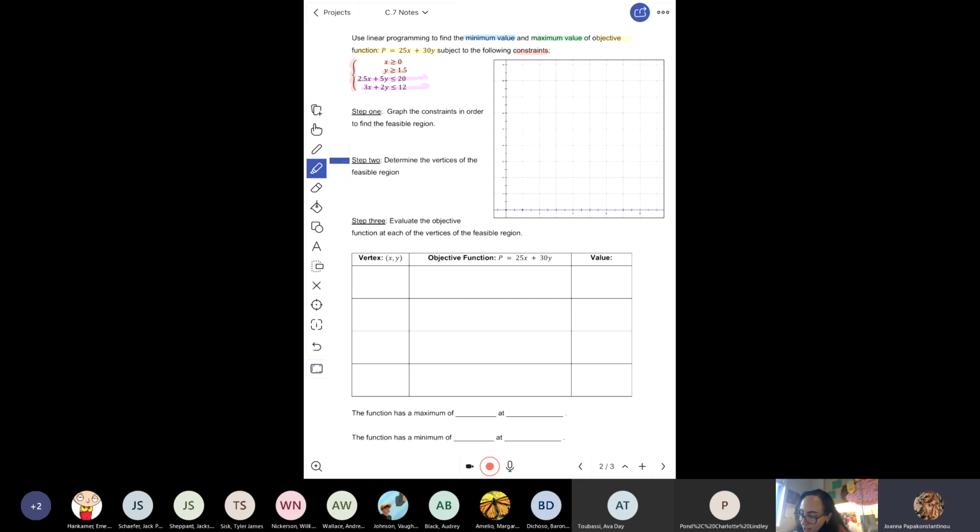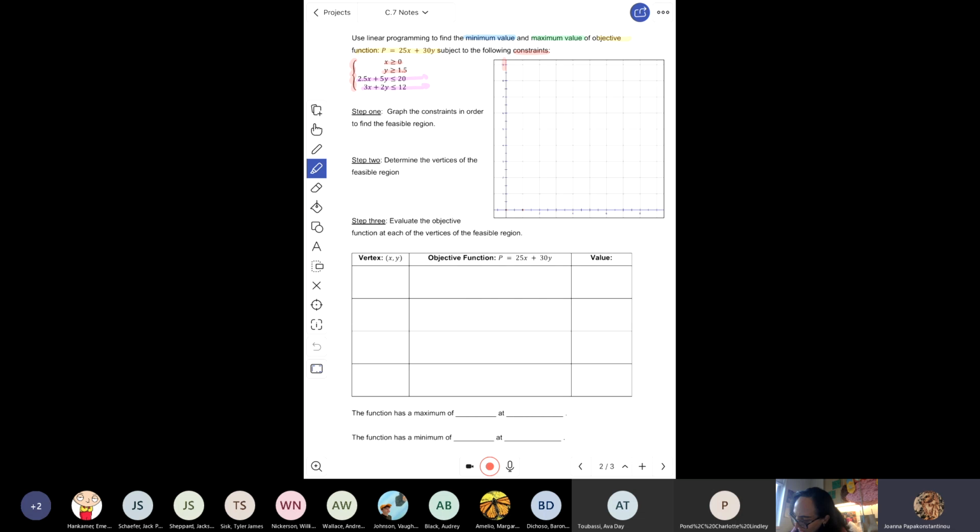Can somebody tell me what the boundary line is? It's x equals 0. That is your boundary line. And what type of line is that? A vertical line. It is a vertical line.